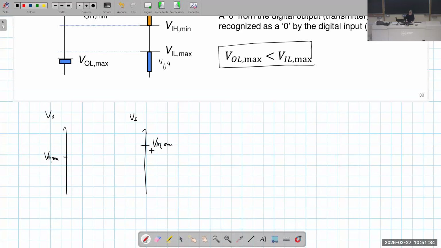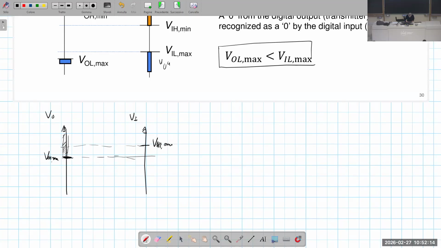In this case, the proper transfer of information is not guaranteed, because the output of the first gate can deliver any voltage above VOH minimum. So any voltage in this range, in this sub-range, which is below VIH minimum, can occur.